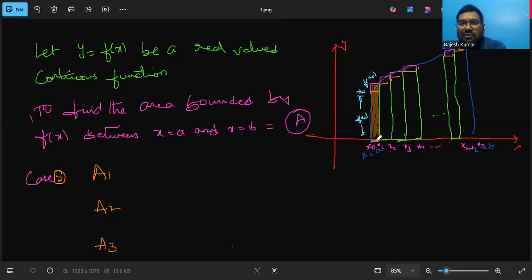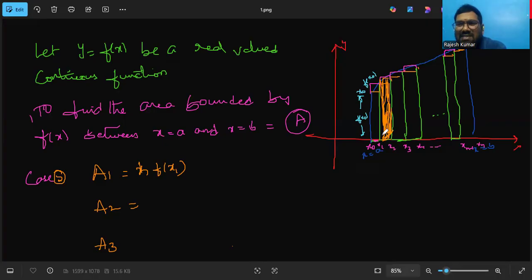There, breadth is any cost h, there is no doubt at all. When I'm talking about the length, look at the length. The length is this, it is nothing but f of x1. I guess I'm clear. So that is equal to h into f of x1. Second one, when I'm talking about the second area, this is the second area I need to calculate.